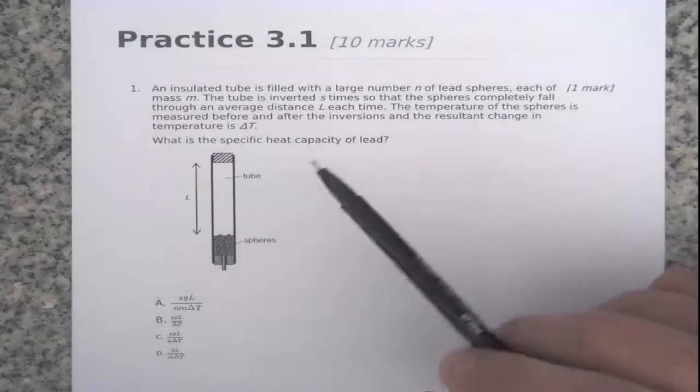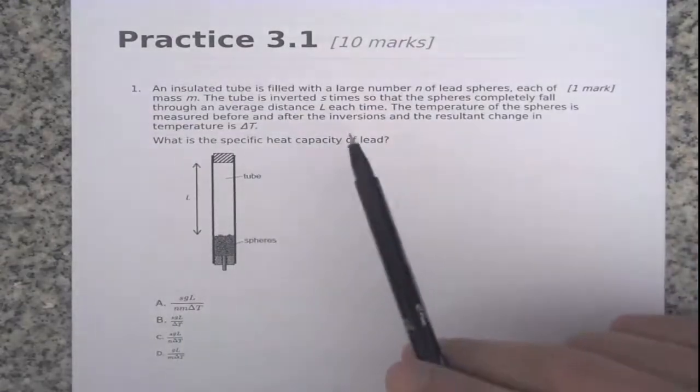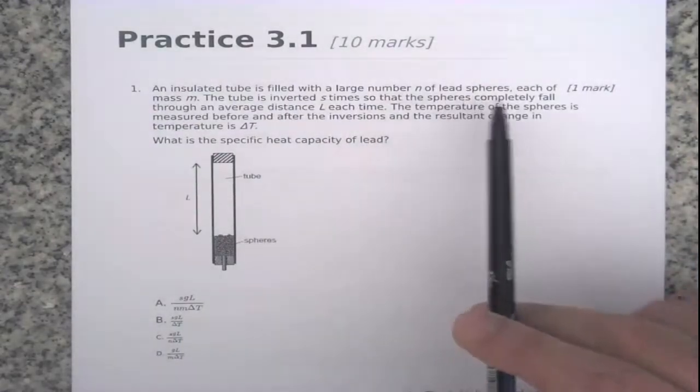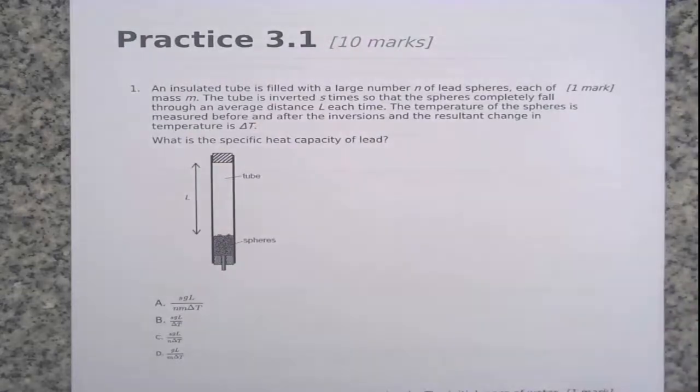So the first one says that an insulated tube is filled with a large number n of lead spheres, each of mass m. The tube is inverted s times, so that the spheres completely fall through an average distance L each time. The temperature of the spheres is measured before and after the inversions, and the resultant change is delta T. What is the specific heat capacity of lead?